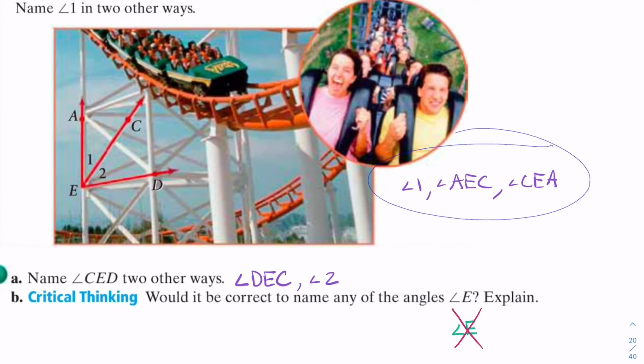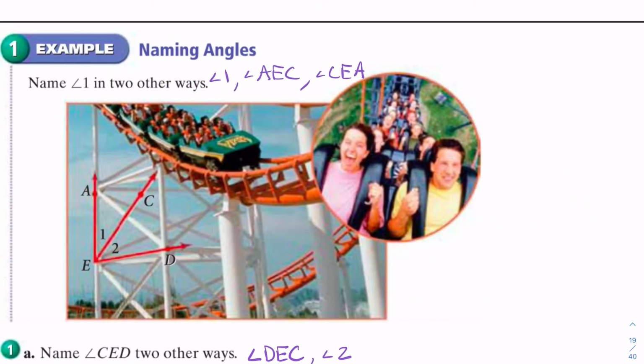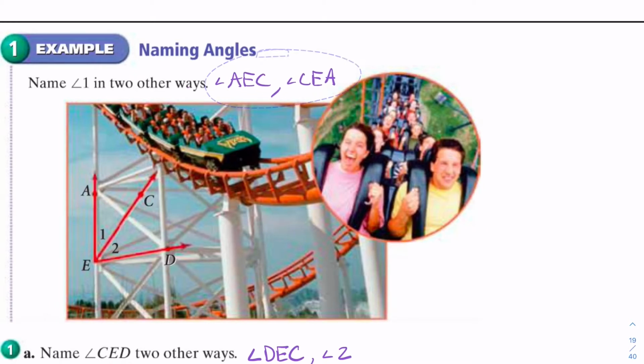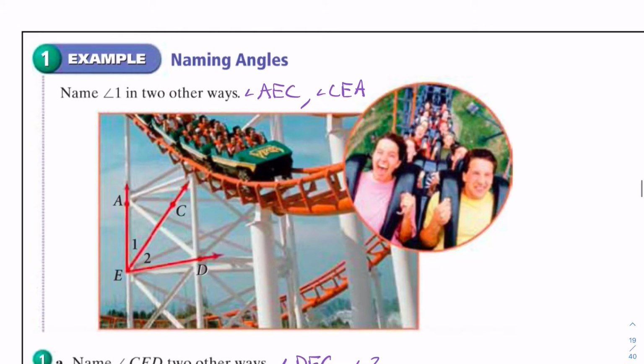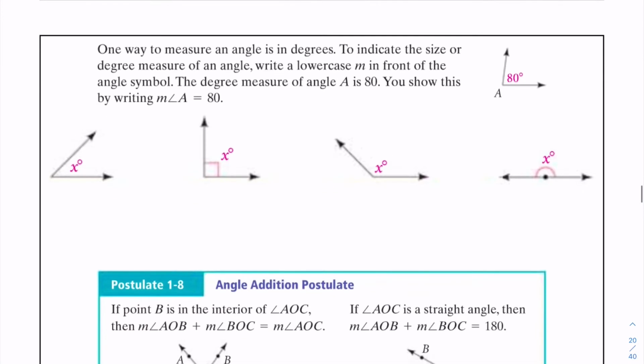I didn't even notice that it was asking that question. I found that weird that it didn't ask that question, but there is the answer to that question. Angle AEC and CEA. Notice all of my letters are capital. I'm not using any lowercase letters because that's not a thing when we're talking about angles. Okay? All right. Next one.